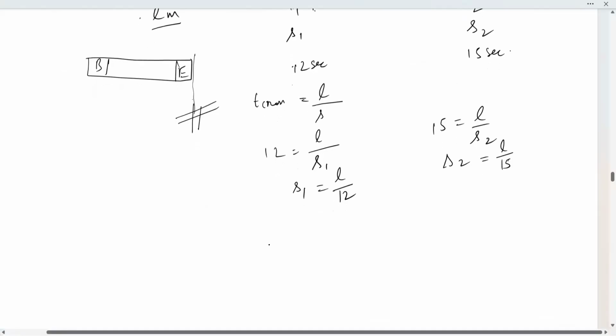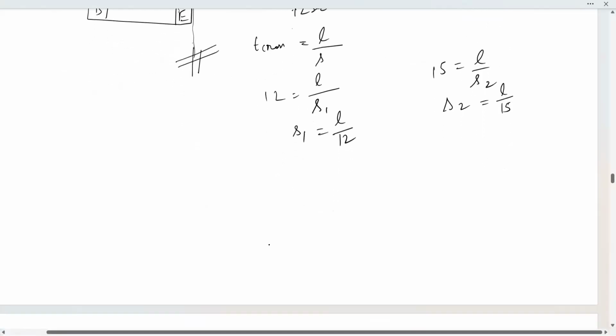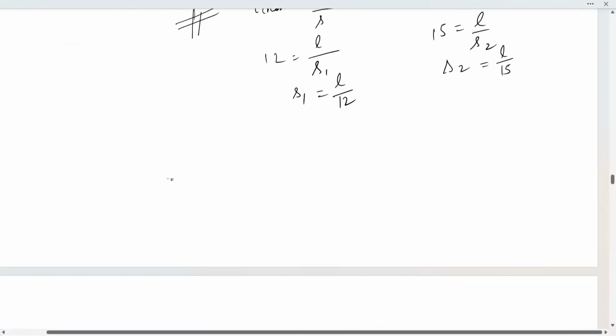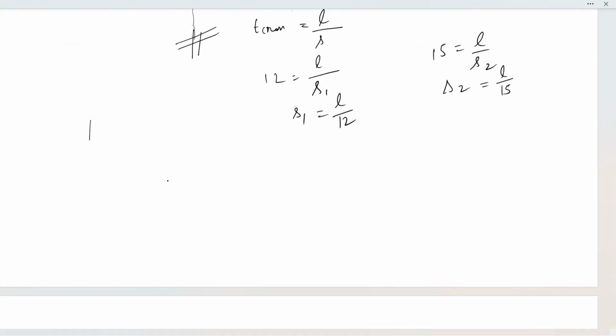And further it says, what if they are traveling in opposite directions, how long will they take to cross each other? So, trains crossing each other while traveling in opposite directions. The question will be like this. Since they are traveling in opposite directions, the relative speed will be the addition of both the speeds.